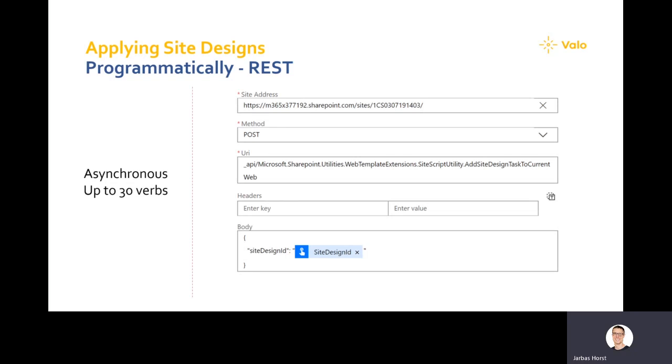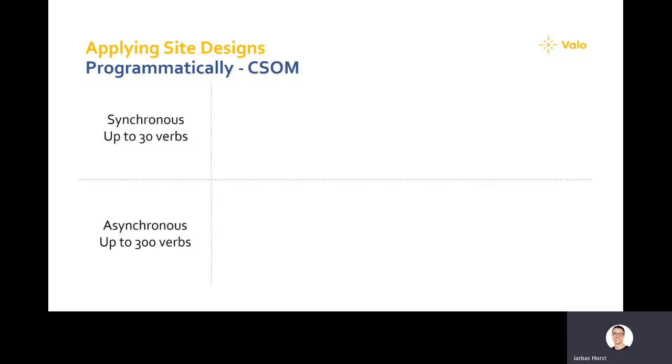Interesting to note here is that all those methods and APIs and commands used to apply a site design asynchronously have task as part of the name. So if it's asynchronous, it contains task. Just remember that. It's easy to remember.